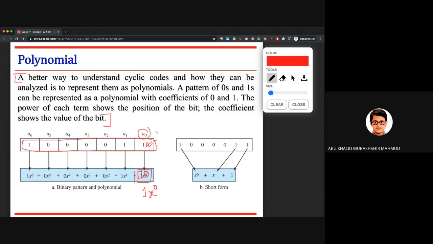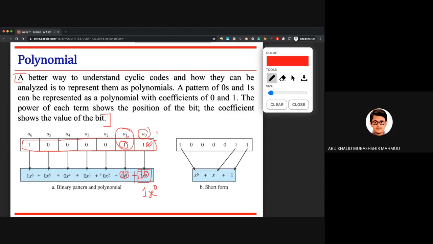We add this to the next bit, which has a power of 1, because the binary digit position here is 2 to the power 1, and that power is used as the power of x, the variable. Because the bit is 1, the coefficient is 1.